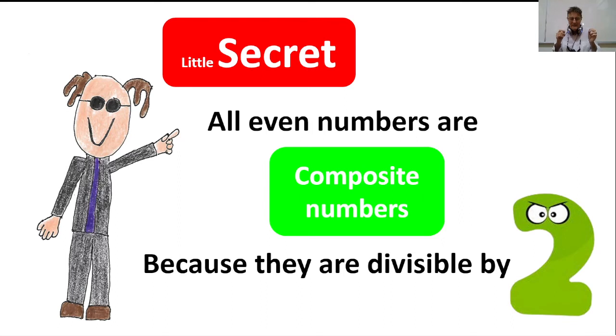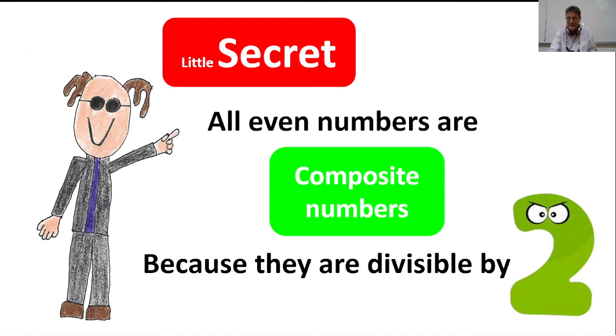Every single even number is divisible by 2. The only exception is that 2 itself is a prime number, but every even number above 2 is a composite number.